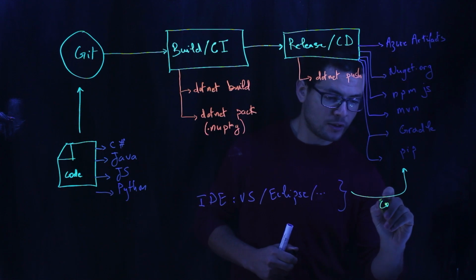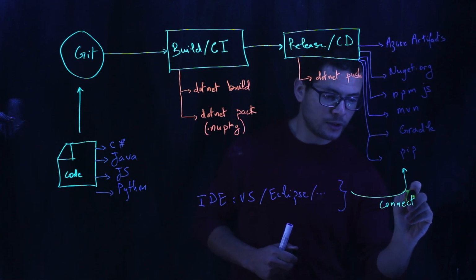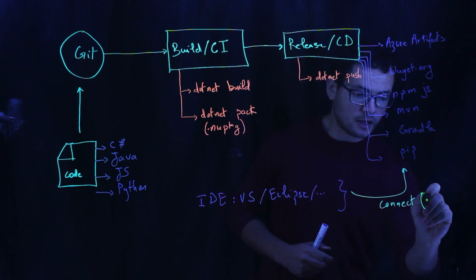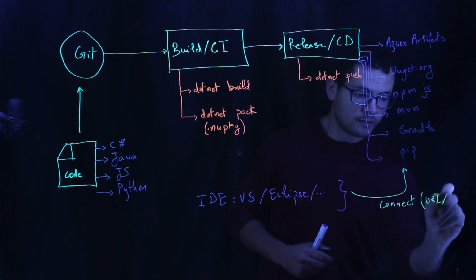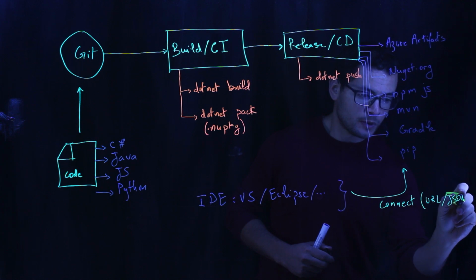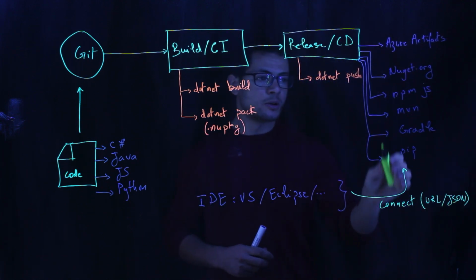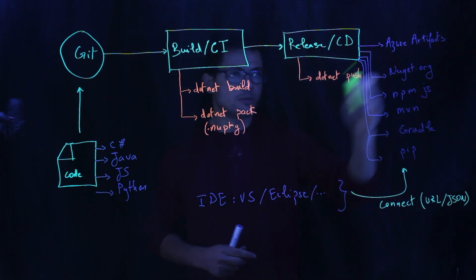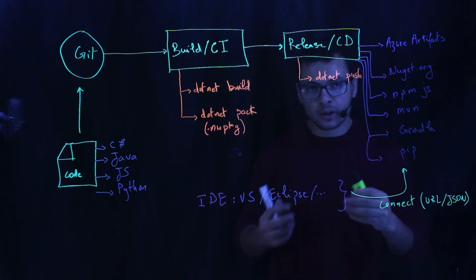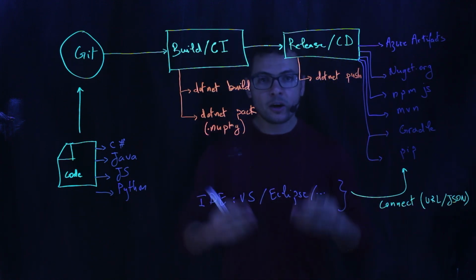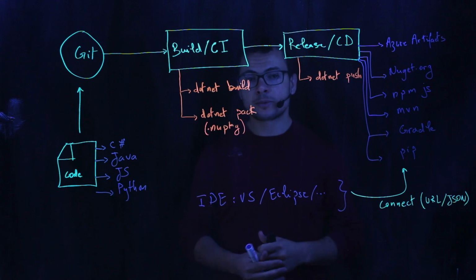So here we have the connect operation. Typically you pass a URL, and on that URL you have a JSON response that gives you information about all the packages available on your public repository. Now let's see how that works with Azure DevOps.